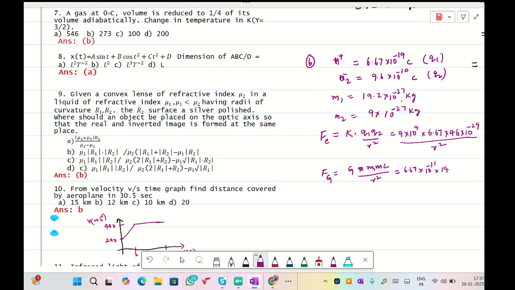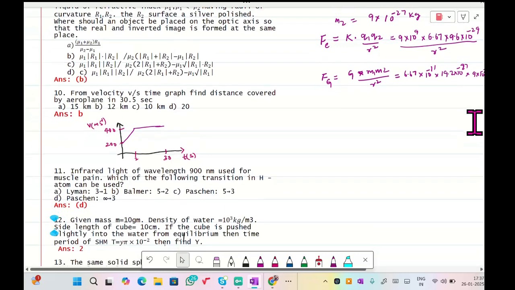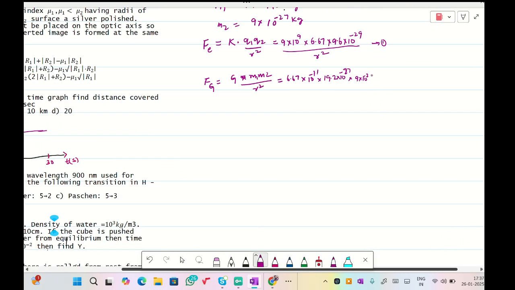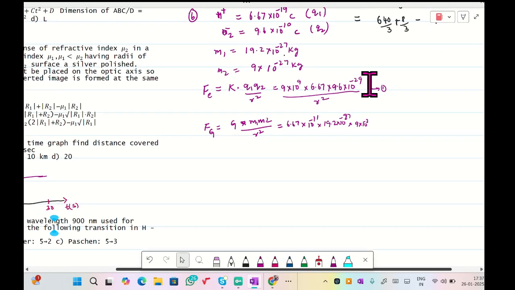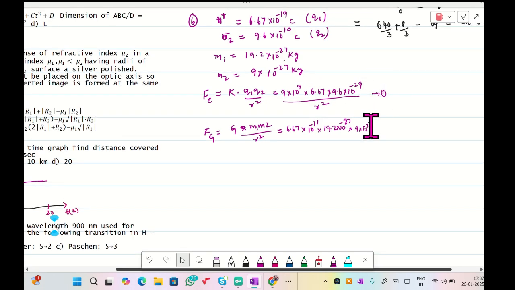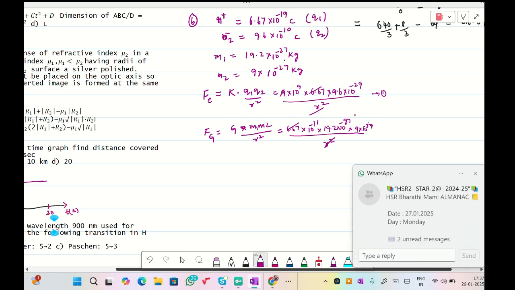M1 is 19.2 into 10 power minus 27 into M2 is 9 into 10 to the power of minus 27, by r square. So by this time we have to get the ratio cancelled. 6.67 also gets cancelled. FE by FG they're asking. So FE by FG means here division. So this 9 and this 9 also get cancelled.